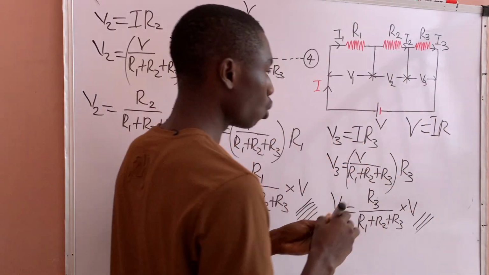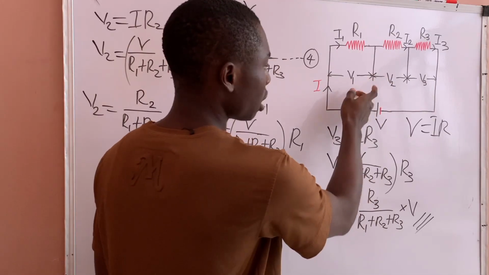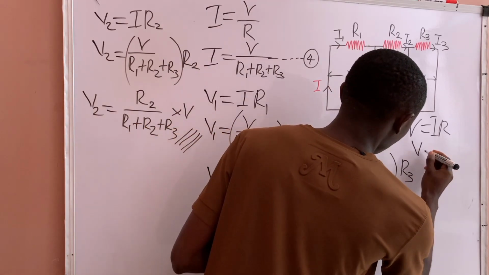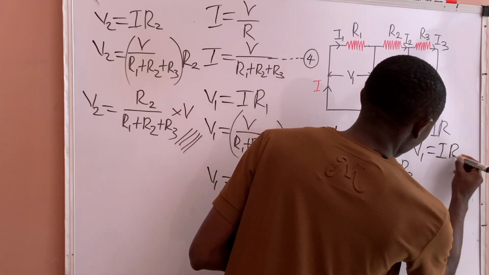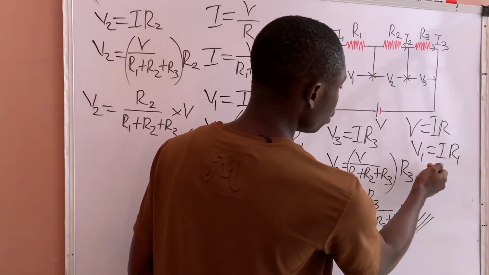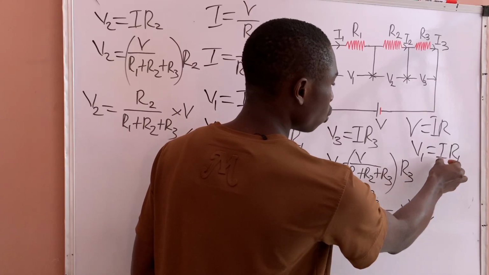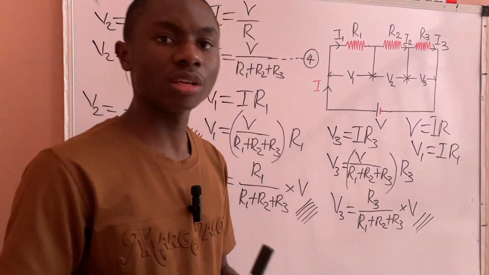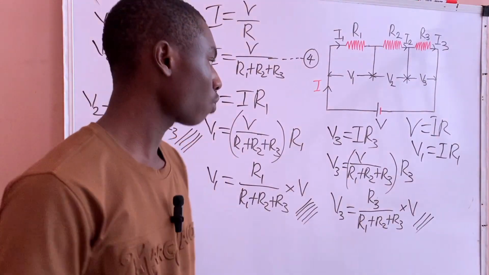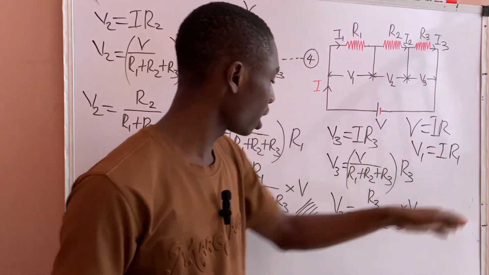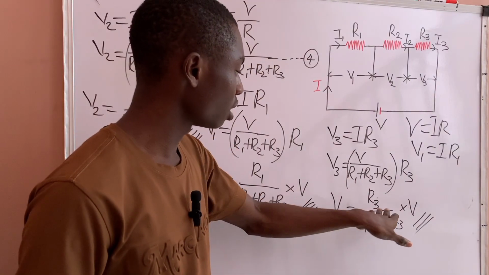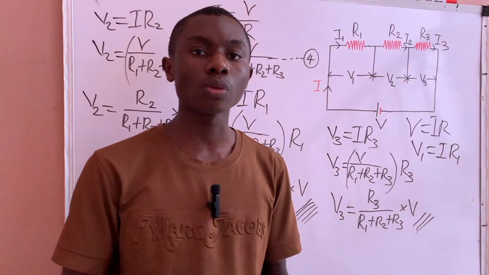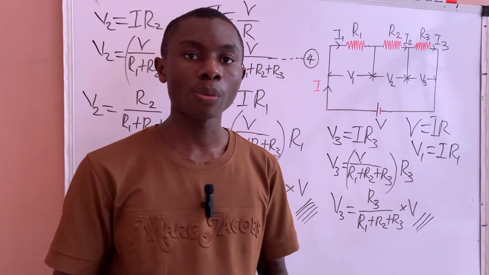If we were to use Ohm's law to find the voltage drop across R1, it would be V1 equals I R1. But for us to find this voltage drop, we would need to look for the value of the current. With the voltage divider rule, there is no need to find the circuit current. Instead, we just substitute the value of the resistor and the total supply voltage, and we get the voltage that will drop across the individual resistor.